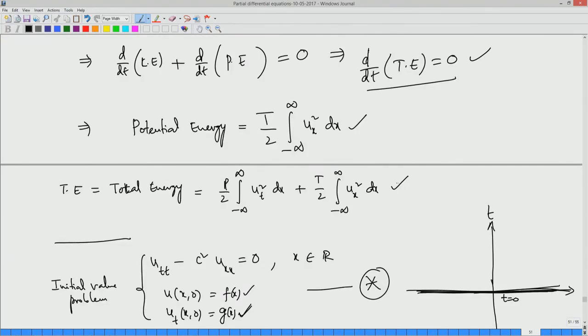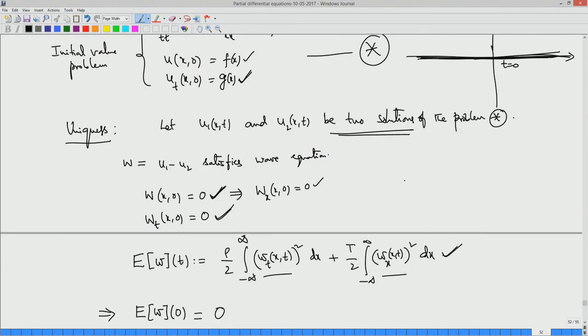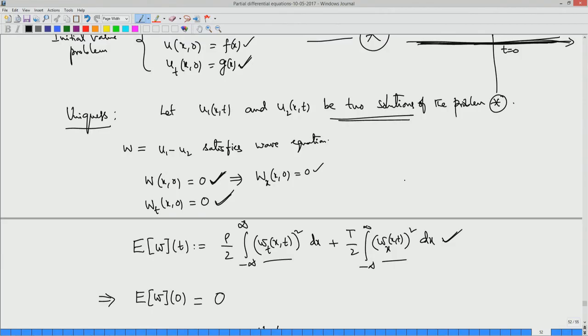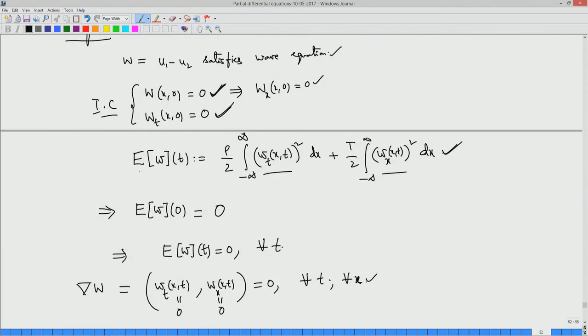So the total energy is here. Through this total energy function, if you consider two different solutions, they satisfy this problem with this initial data, and then you define the energy of this w function as this, in terms of w_t and w_x squared.